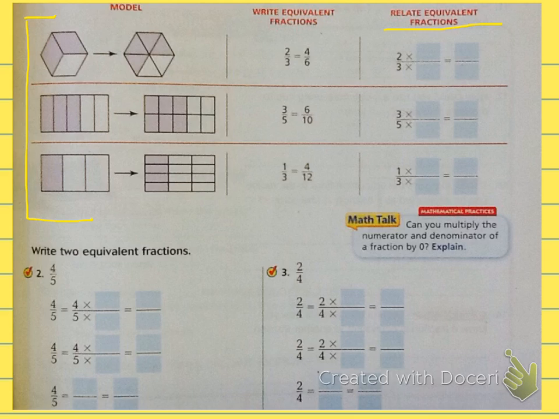Okay, so make sure you copy this down. You don't need to copy these images. That is okay. What you can copy for the first part is this part here, and then you can recopy number 2 and number 3 entirely.